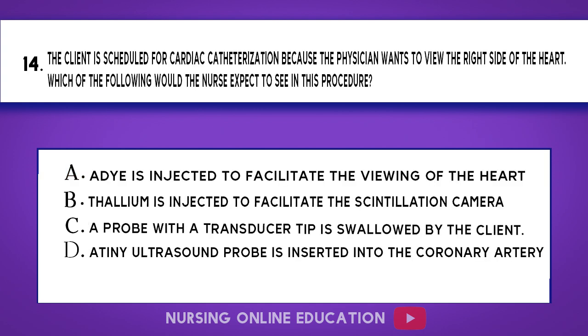14. The client is scheduled for cardiac catheterization because the physician wants to view the right side of the heart. Which of the following would the nurse expect to see in this procedure? A. Dye is injected to facilitate the viewing of the heart. B. Thallium is injected to facilitate the scintillation camera. C. A probe with a transducer tip is swallowed by the client.